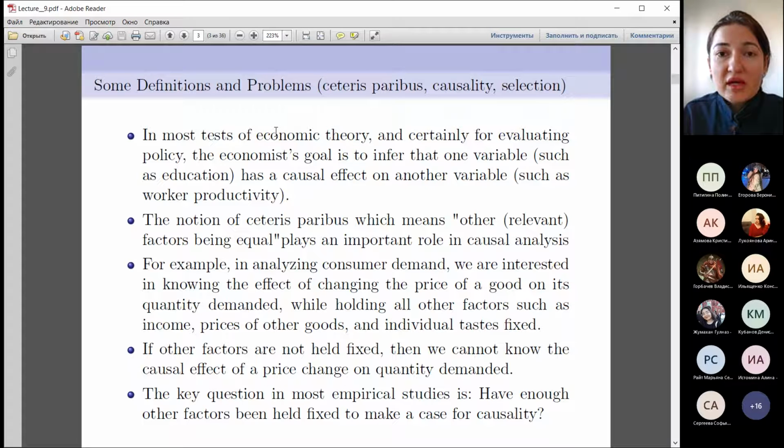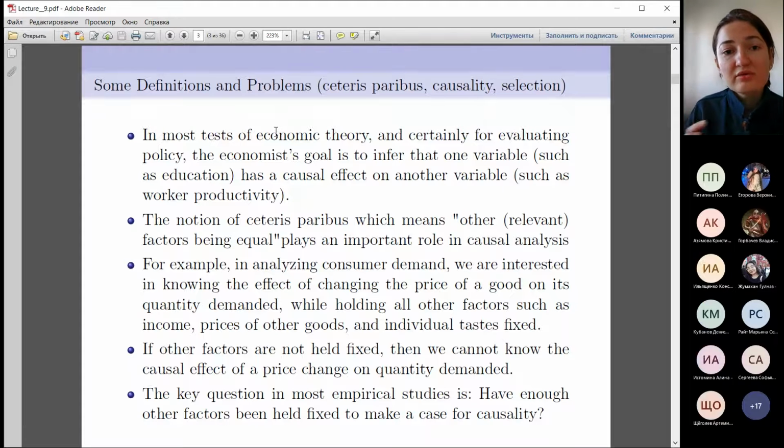But of course, first of all, we want to understand not only this quantitative effect, but of course we want to understand the causal relationship. So we want to understand the causal effect of one variable on the other variable.